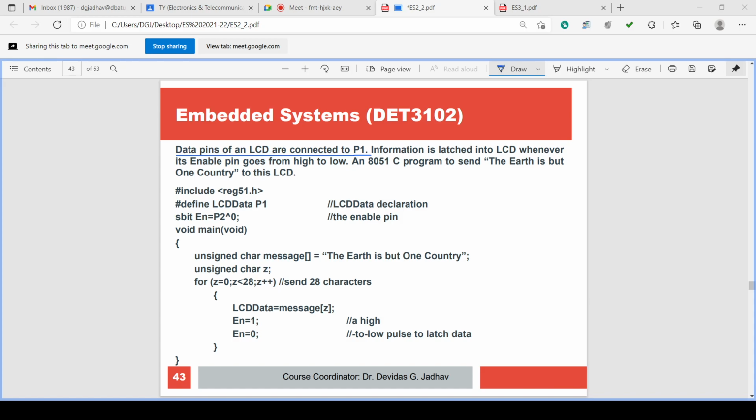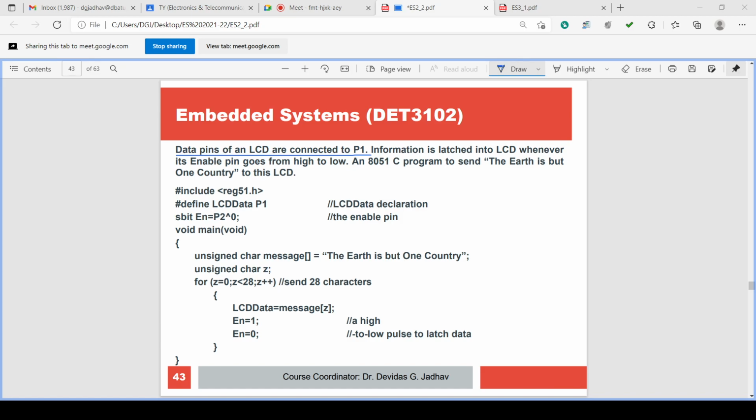The LCD module is having the memory. In that memory we have to write the ASCII code of A, B, C, 1, 2, space, EXTC, space, IOPE. Every letter's 8-bit code we have to send.